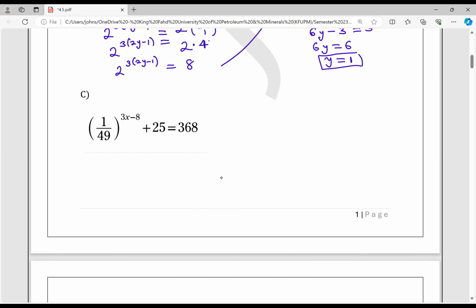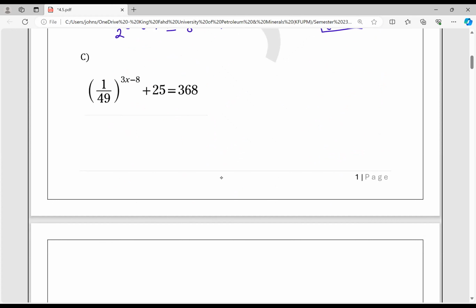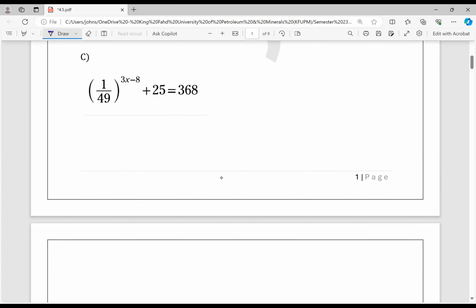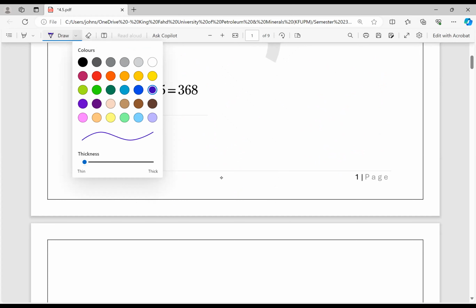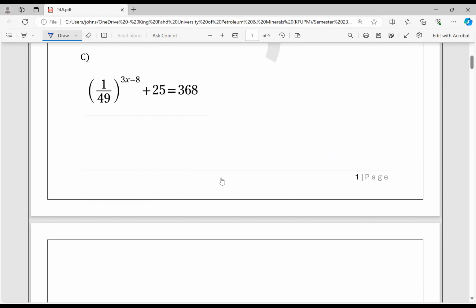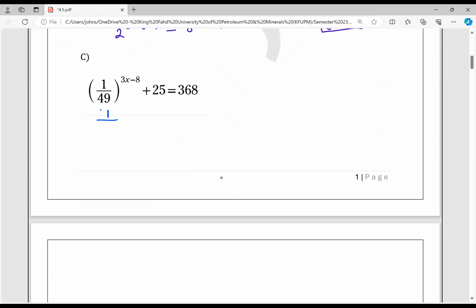All right. So the next one is 3 to the power... We can write everything in terms of what? 49. I can write this as 1 over 7 squared, right? 49 is 7 squared.